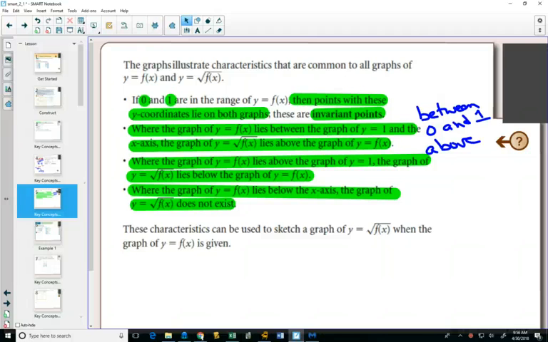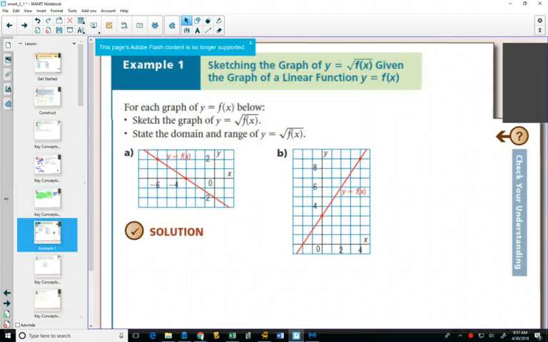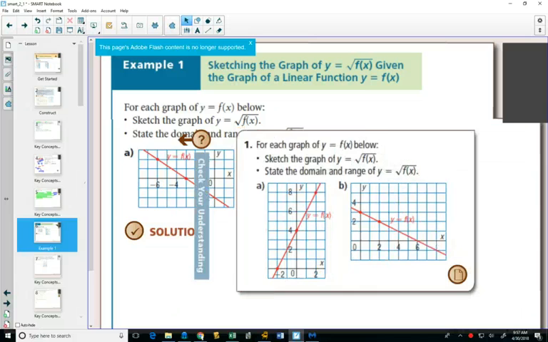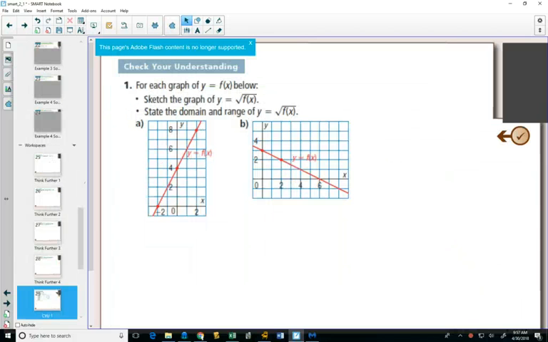And we'll use these characteristics because with these characteristics, these little ideas, we can graph any square root graph now. Sometimes in a question like example 1, they'll give you the graphs, and they won't give you the equations. So if you're given the graphs and not given the equations, you're basically going to follow the properties.